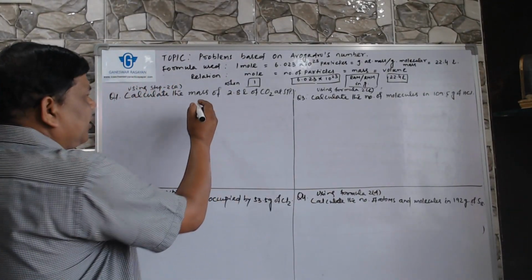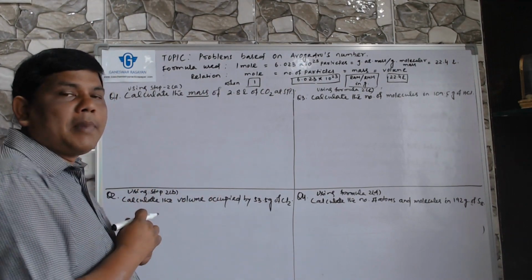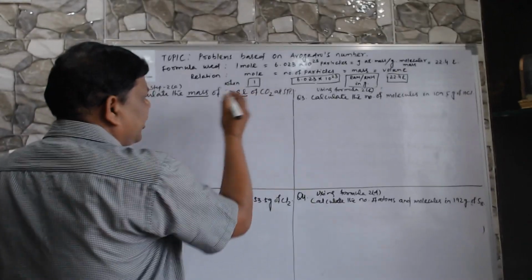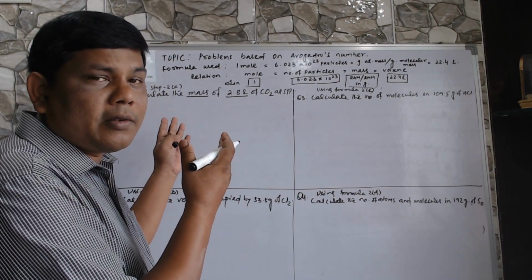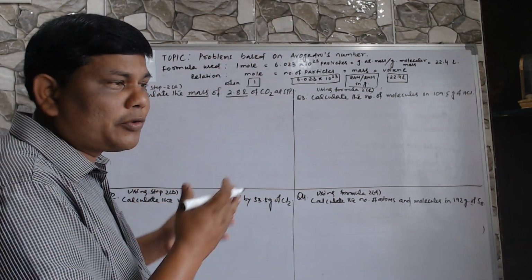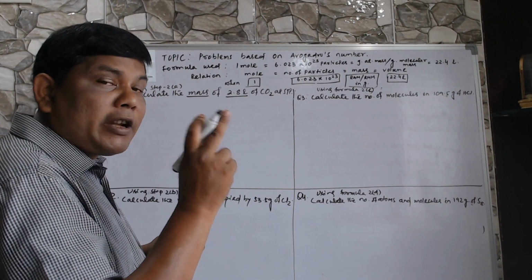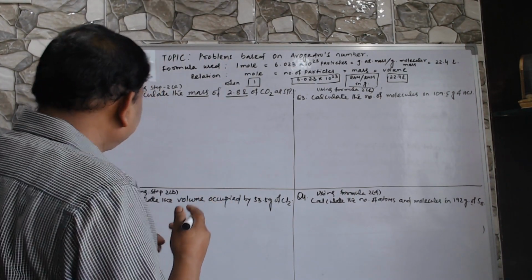Now let us come to the first one. See question number 1. Mass is to be calculated. The given quantity in the question is volume. As I said, to calculate the number of moles, the numerator should be the quantity given in the question.